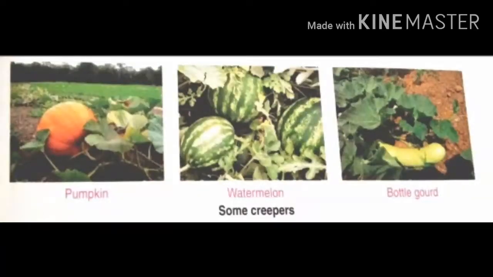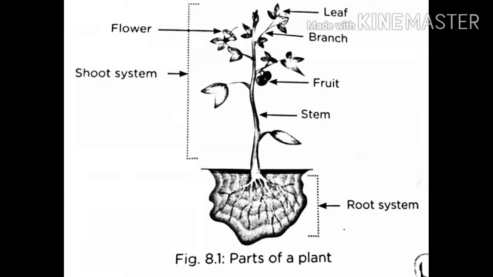Next one, creepers. Plants with soft, green and weak stems that spread on the ground are called creepers. Examples: pumpkin, watermelon, bottle gourd and strawberry are examples of creepers. Next we'll see parts of a plant.